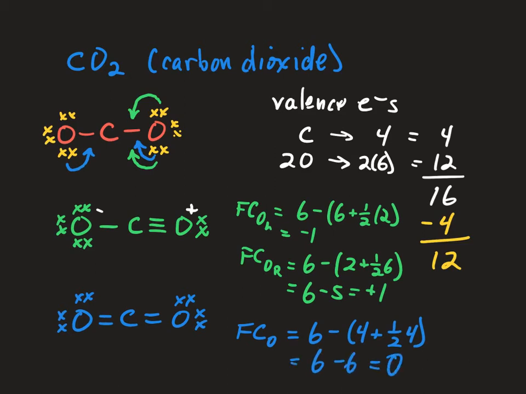So in the bottom structure, each oxygen has a 0 formal charge, making this bottom structure preferred over this middle structure. And so this is our preferred stable Lewis structure.